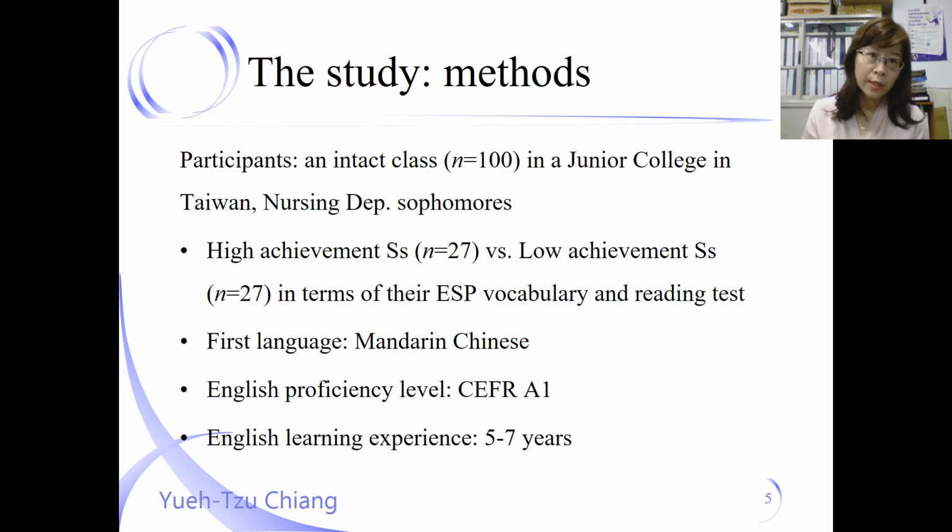For the study, we have the participants, and it's a big class. There are 100 students in a junior college in Taiwan. They all came from the nursing department. They are sophomores. Within these 100 students, we divided them: 27 are high achievement students and 27 are low achievement students, in terms of their vocabulary and reading test.